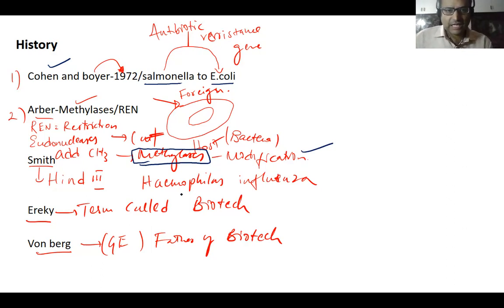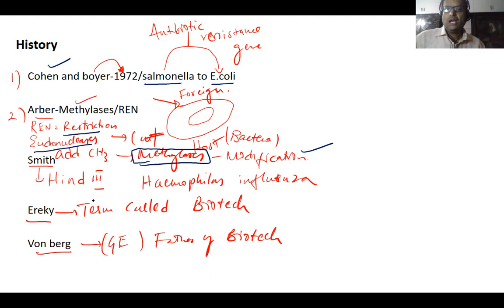That is where we need to understand the modification, made for the sake of protection. Arber also observed that there was another enzyme in the nucleus, called restriction endonuclease. This restriction endonuclease cuts its own DNA, and some kind of restriction was made.